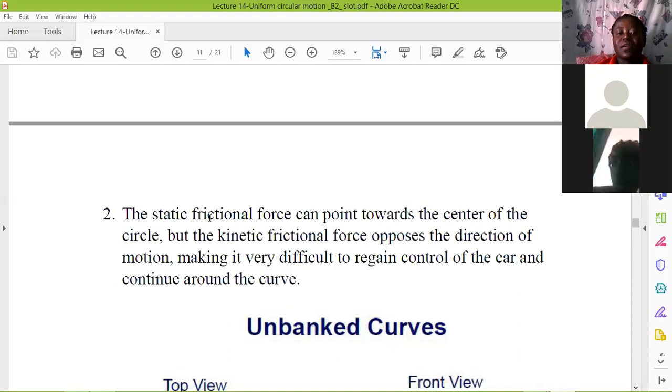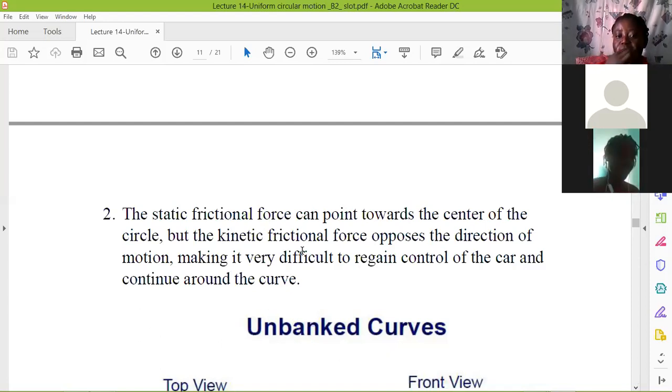So the static frictional force can point toward the center of the circle, but the kinetic frictional force opposes the direction of the motion, making it very difficult to regain control of the car and continue around the curve. Remember, for the car to move, the kinetic friction force must be smaller than the applied force.